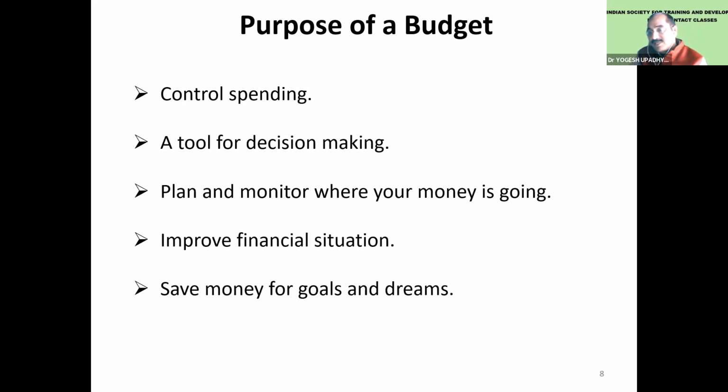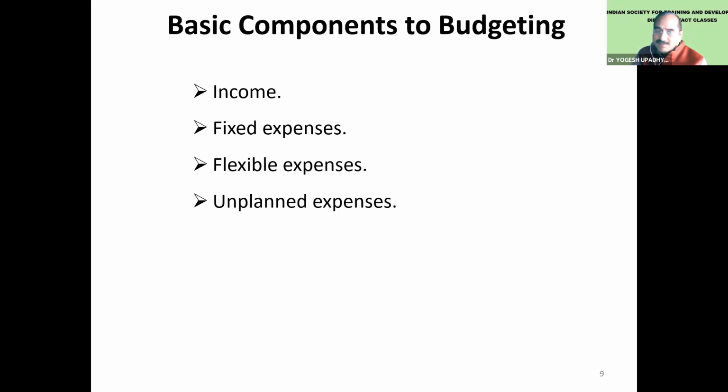Because now, in one case study, you have to build a world class training house, so we may have that type of dream, then only a budget will help. Components of a budget are simple, you know: income, fixed expense, flexible or variable expense, with unplanned expenditure.